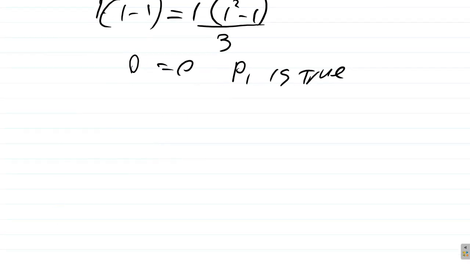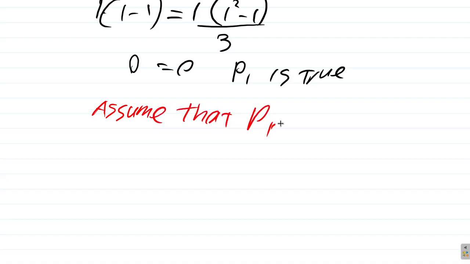Now, the next thing is you're going to assume that Pk is true. Now, if you show P1 is true, the next step would be to show P2 is true.